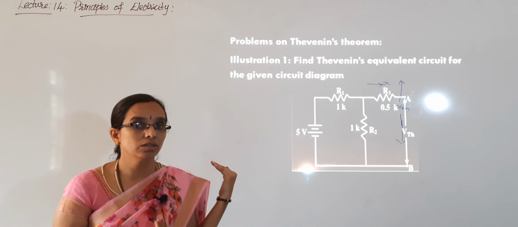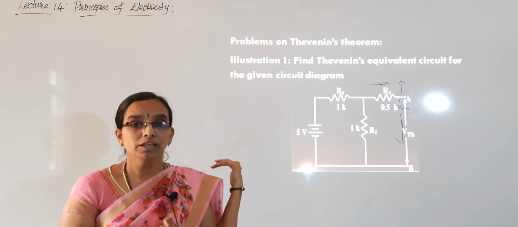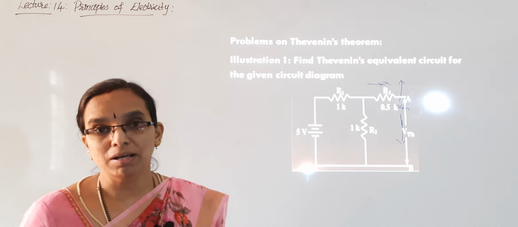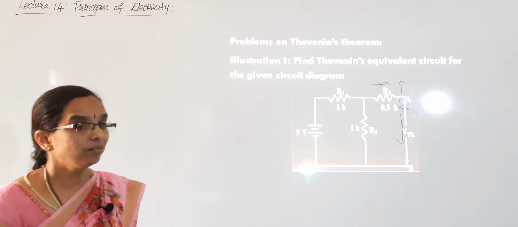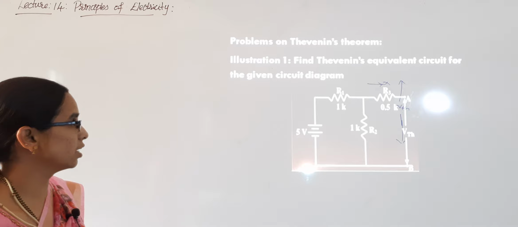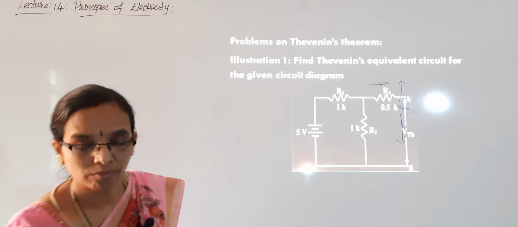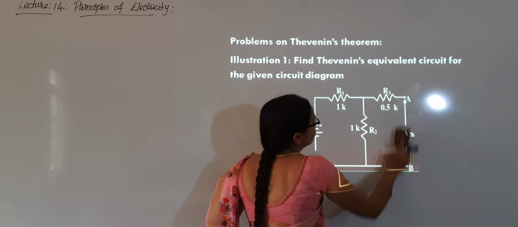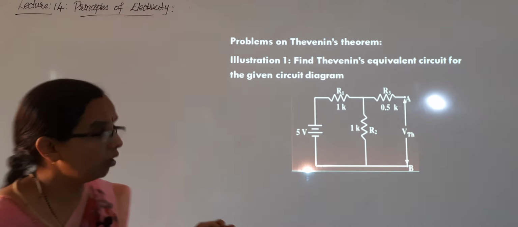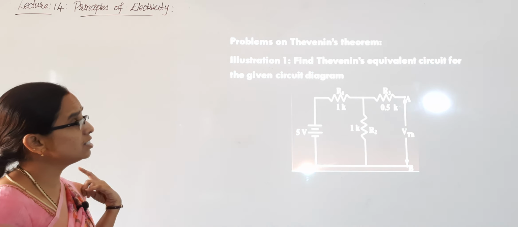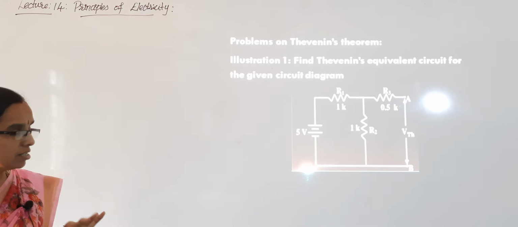That I have done, you have to do it and you will get 5 marks for that. Okay. Now, we will go to problems on Thevenin's theorem. The first problem: find the Thevenin's equivalent circuit for the given circuit diagram.